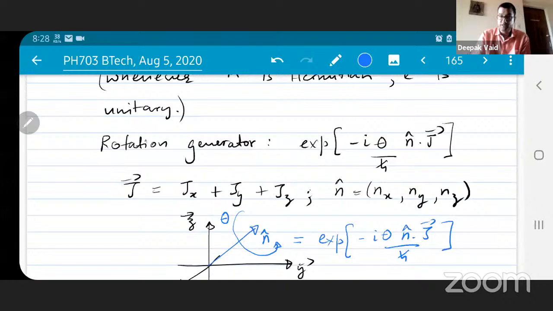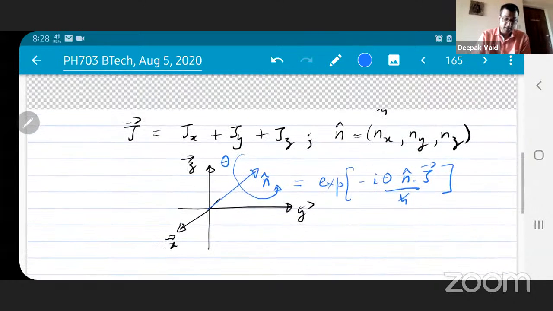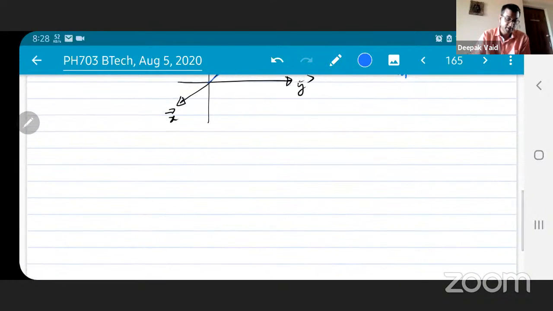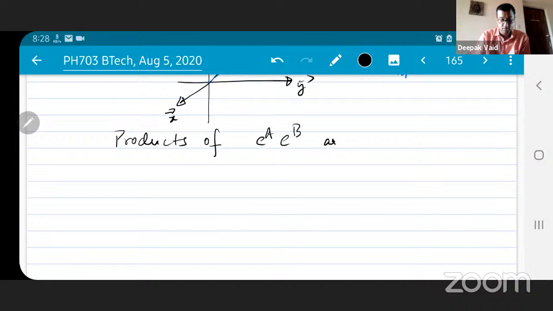But the point of all of this is that these unitary operators are very important. The second thing is that you will always have products of these operators, right? Products of exponent A, exponent B, and so on.